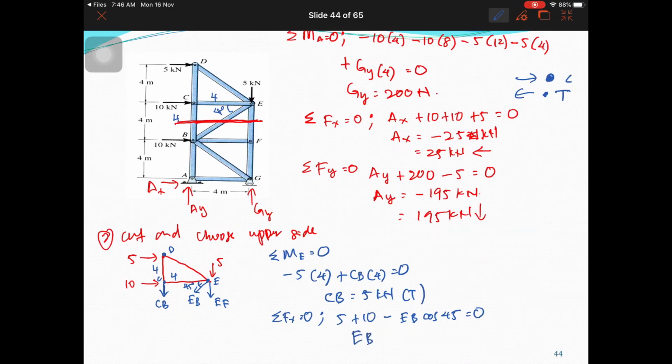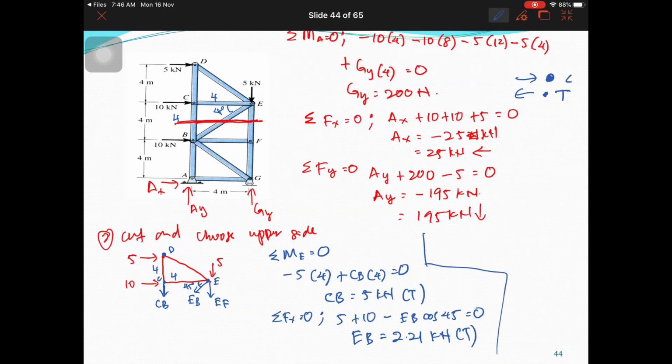So you have EB equal to 15 divided by cos 45, which is 21.21 kilonewton. That is for EB. The direction is true as per our assumption. So this is tension. Pulling the joint, tension.